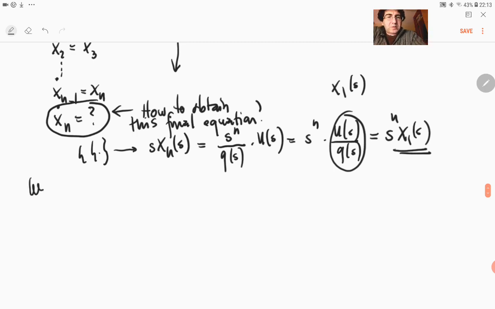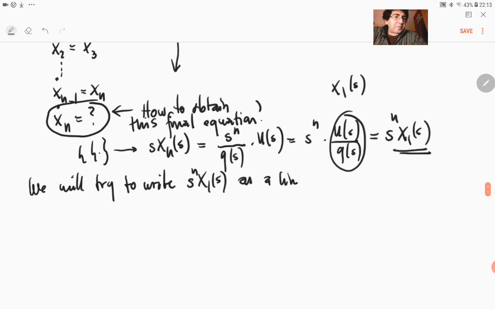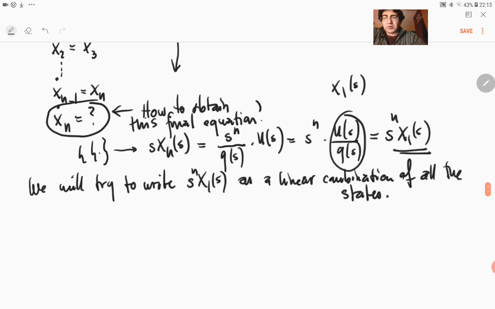So we will now try to write this term, s^n x1(s), as a linear combination of all the states. That's what we need to do.